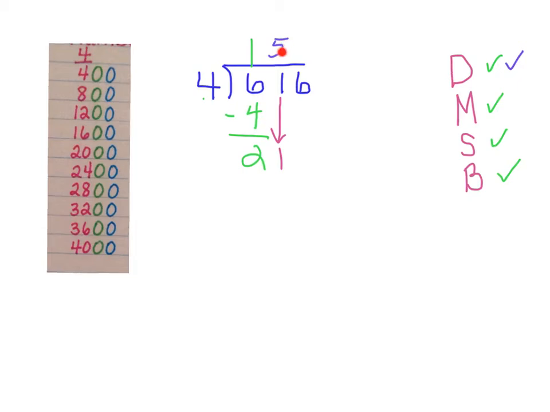Then I'm going to multiply this 5 times 4 and write it here. So quotient times divisor, written down here. And I know 5 times 4 is 20. Now I've multiplied. My next step is to subtract the 21 that I divided minus the 20 that I got when I multiplied.